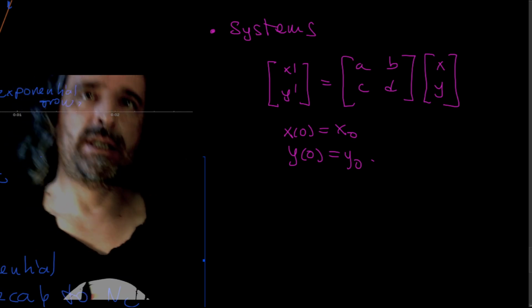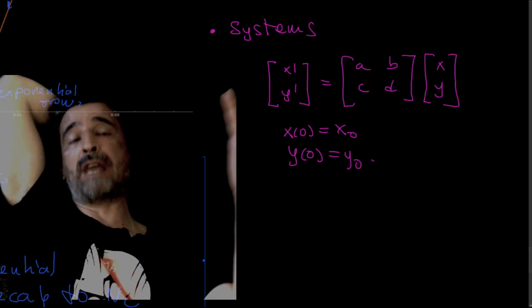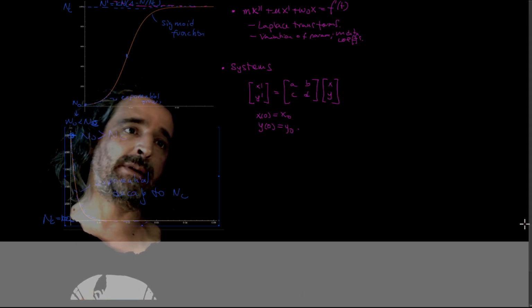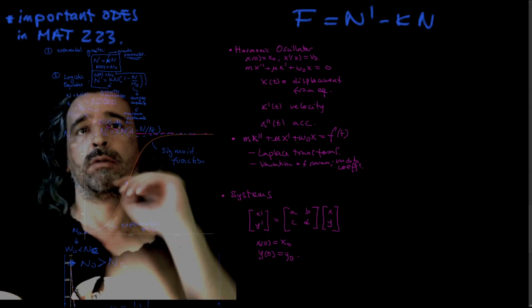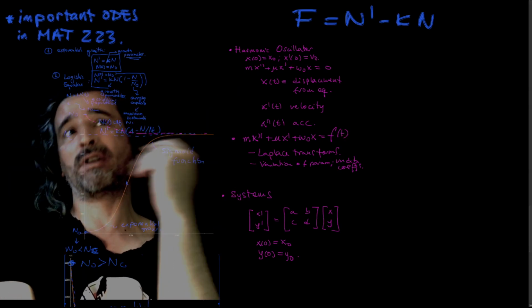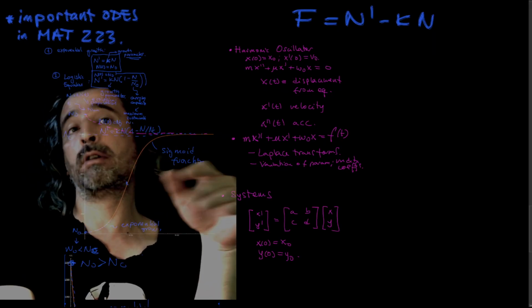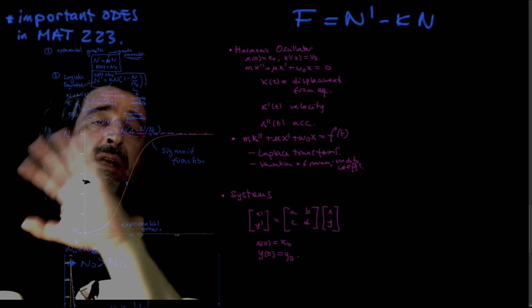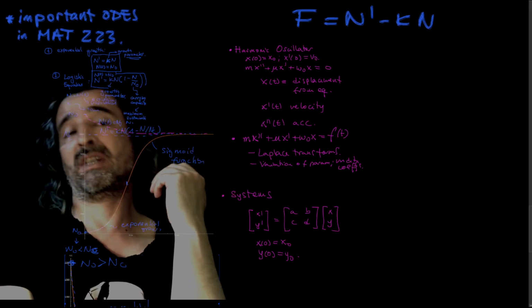Now, what are my favorites? I think those are the equations that every single differential equations student should know: exponential growth, logistic growth, harmonic oscillator, forced harmonic oscillator, linear systems, particularly the 2x2 linear systems, plus the series solutions in all the cases.